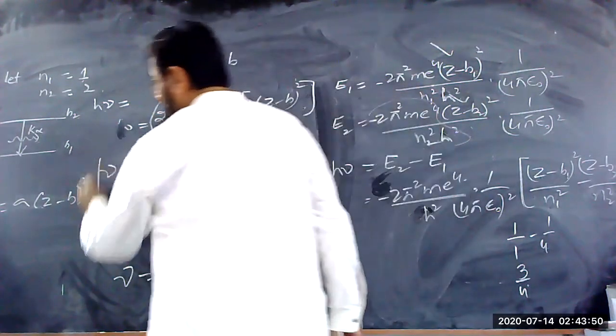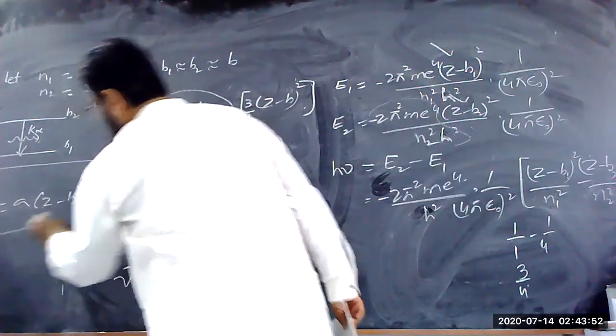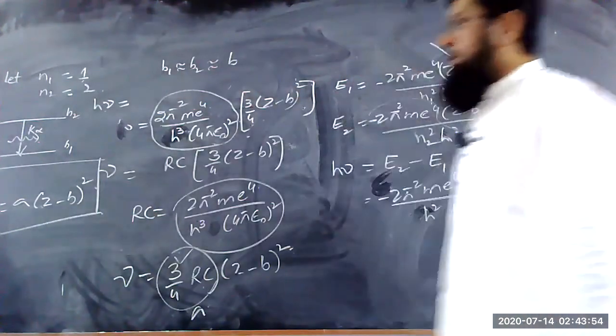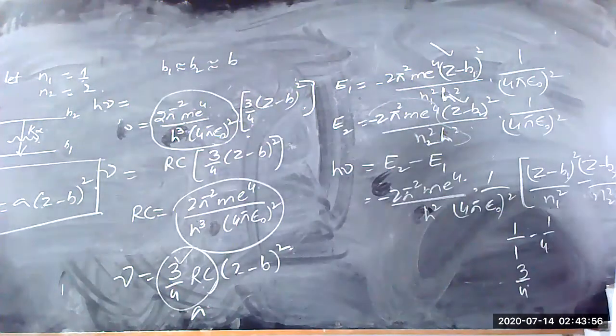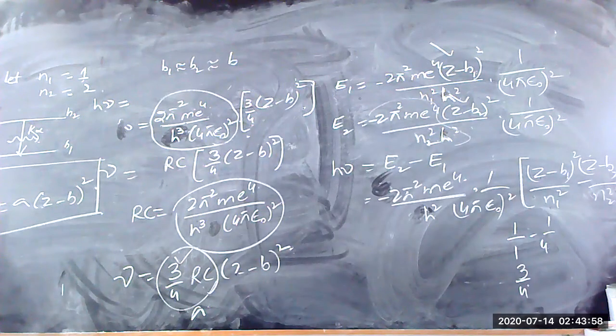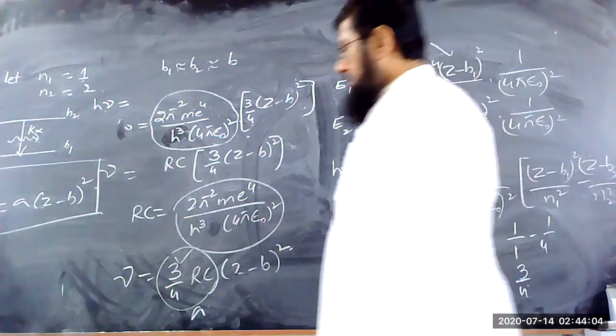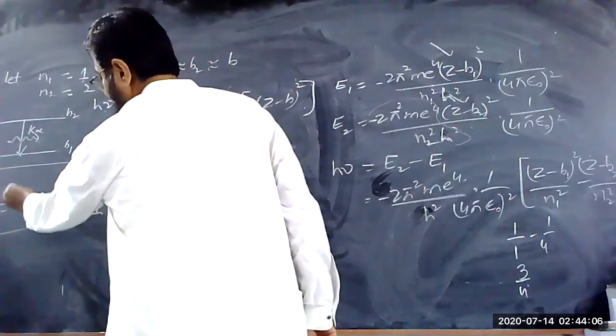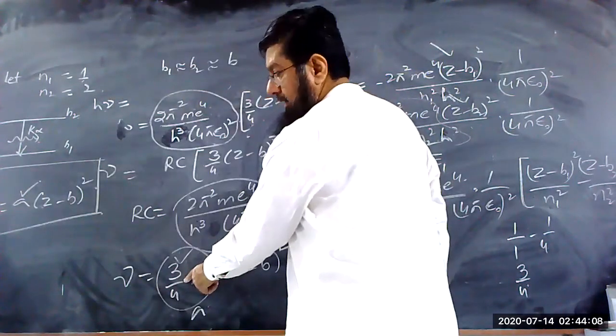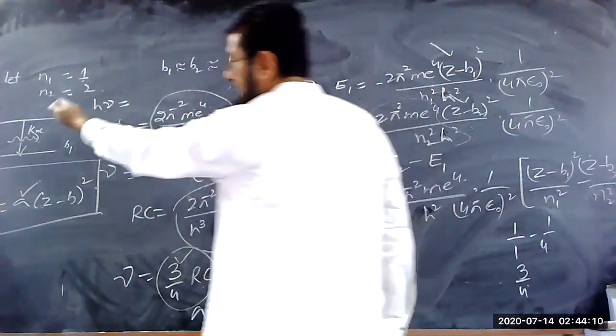So this is the proof of the Moseley law, that the frequency is directly proportional to the square of the charge number. The frequency is equal to, this A is constant, which depends upon the line, which depends upon the characteristic line, or which here we have K alpha.